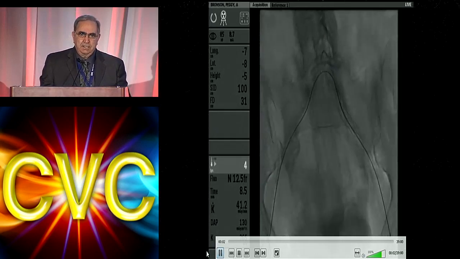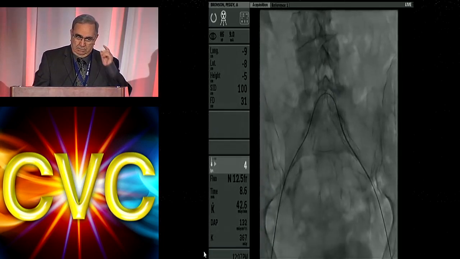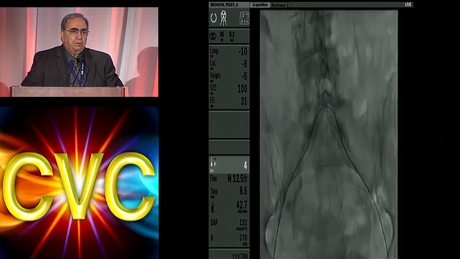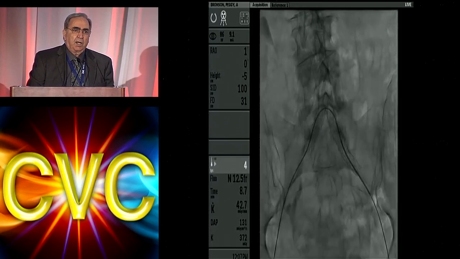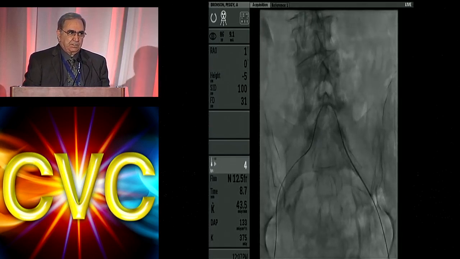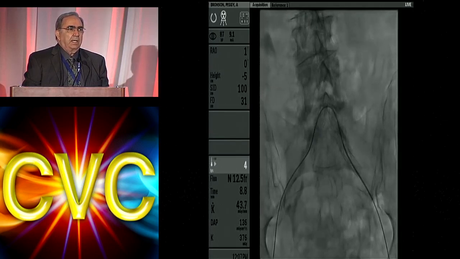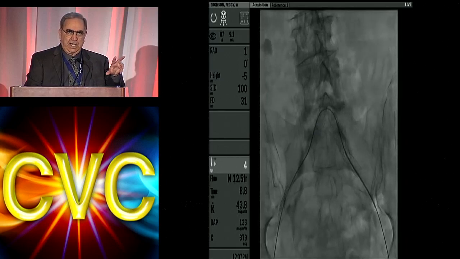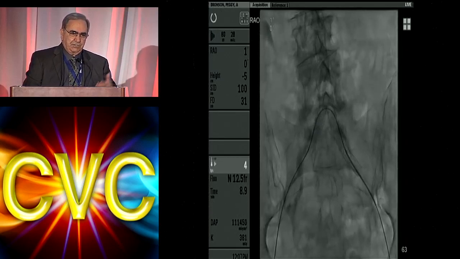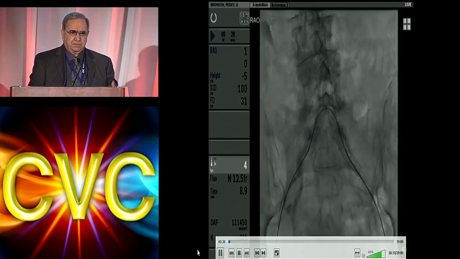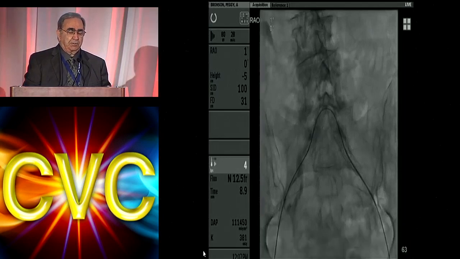This is an 80-year-old female whose occluded left common iliac artery I recanalized in 2000, so that's about 14 years ago. And I put kissing stents on both sides. Now she had claudication in both legs, and she had calcified stenosis of the superficial femoral artery.